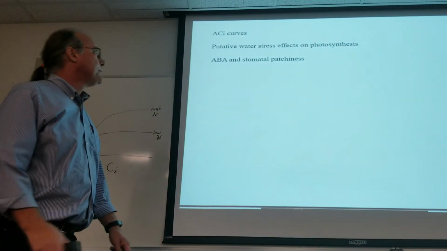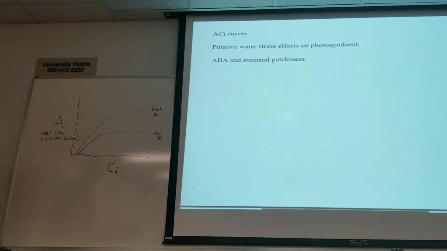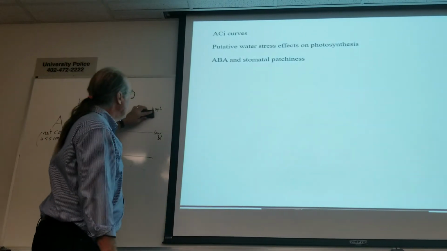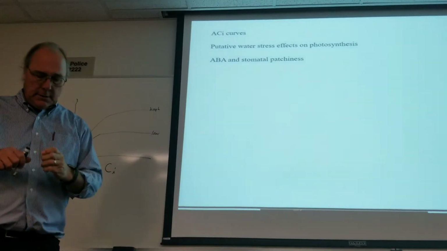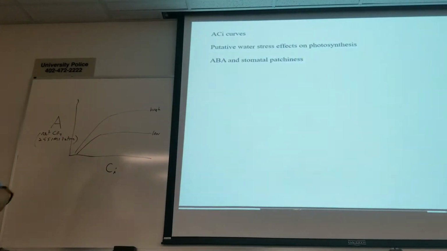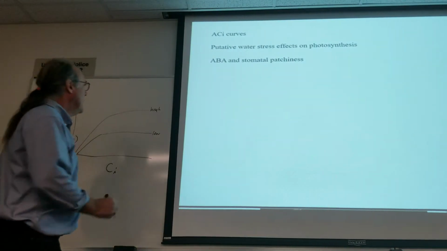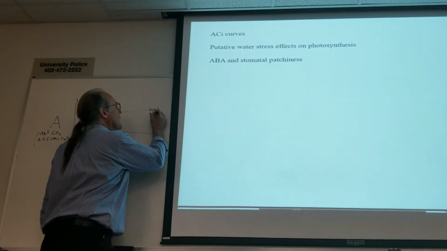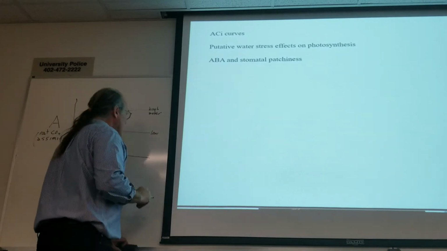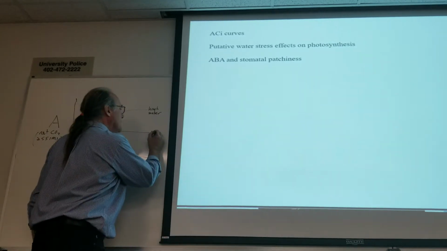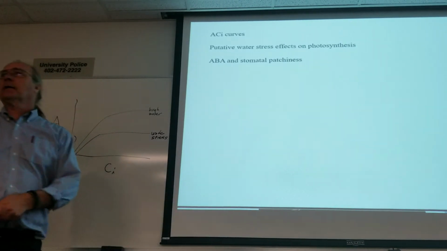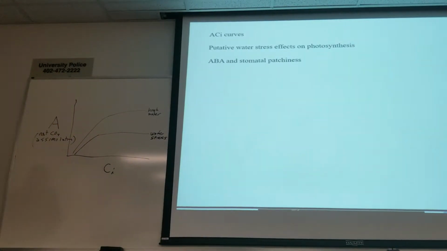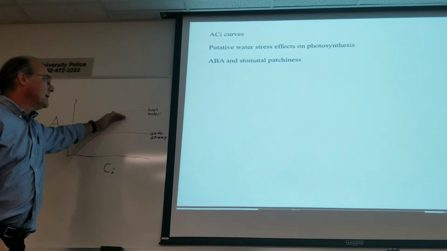Okay, so what about water content? When people were interested in this and arguing about it, now there's not much argument anymore, but let's say high water supply and water stress. When people made A-CI curves and looked at the influence of water on A-CI curves, they got similar results.